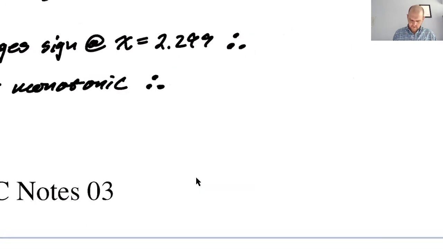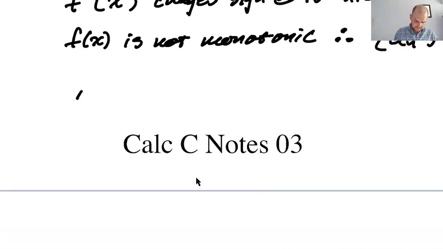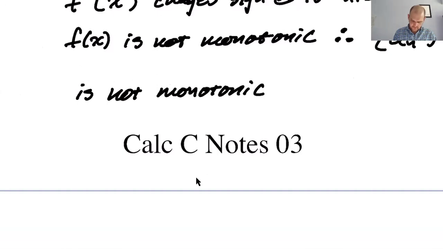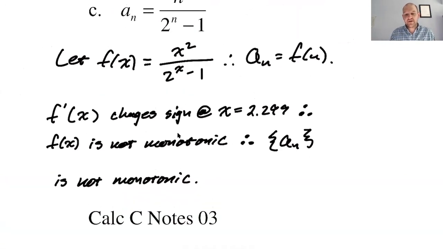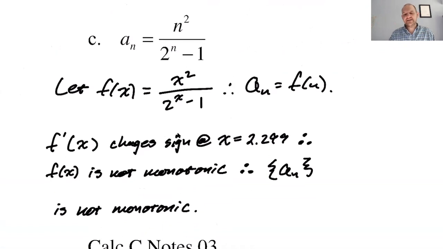Therefore, the sequence a sub n, holy cow, what is going on with these braces that I'm trying to write, is not monotonic. What's a little weird about this though is if we had just chosen to start your sequence at n equals 3, it is monotonic.